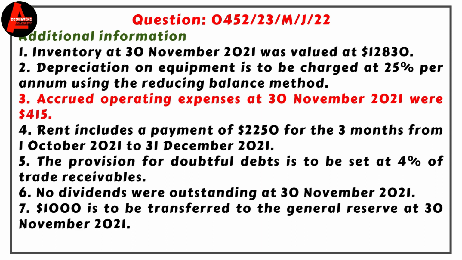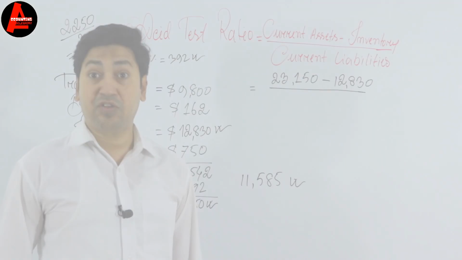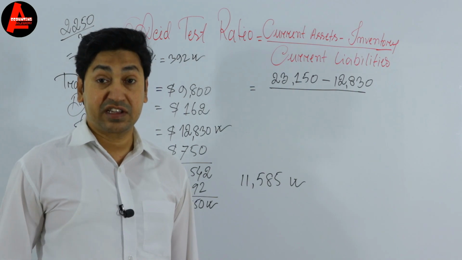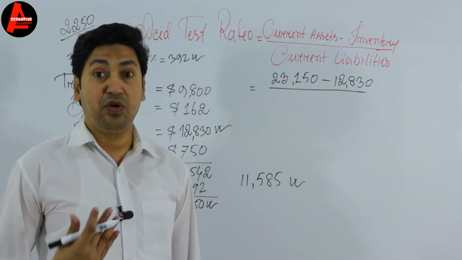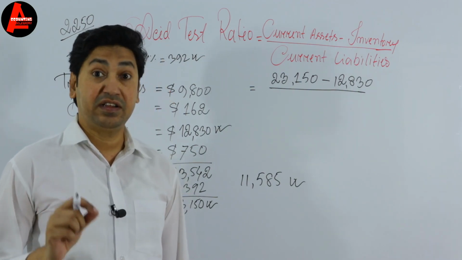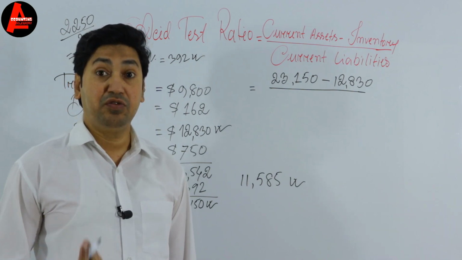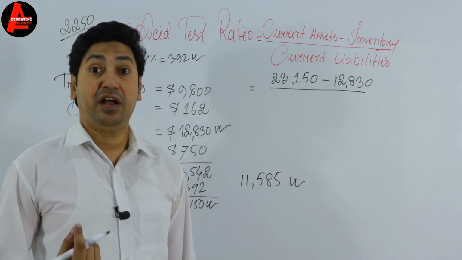Do you have any more current liabilities? Let us have a look at the question. Adjustment number 3, accrued operating expenses at 30 November 2021 were $415. Accrued expenses, outstanding expenses, unpaid, owing. If you see anything like this in the question, you will think that it is other payable.